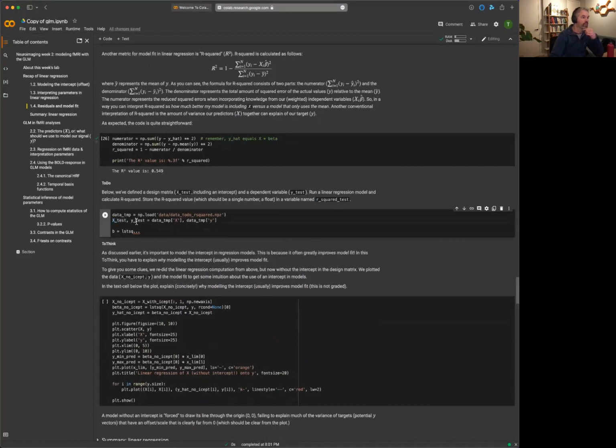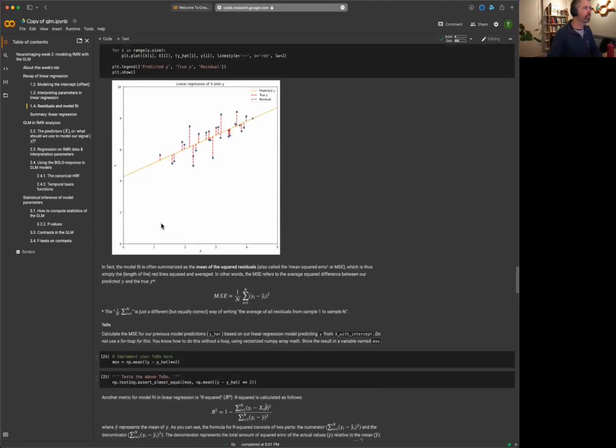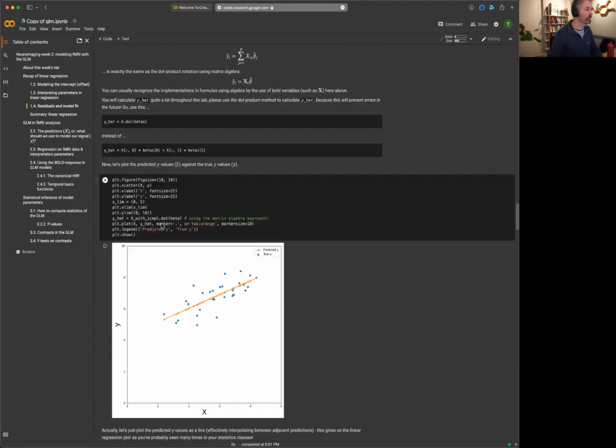We have an X test and a Y test. That's great. Now this is quite an exercise immediately, right? Because it requires you to start putting together all of these earlier steps. So the first step is to run the linear regression, right? So that is imported like so. I have to check. I always have to check.